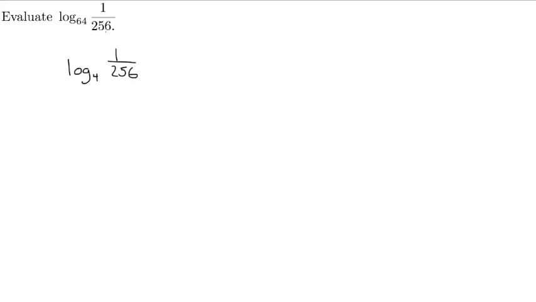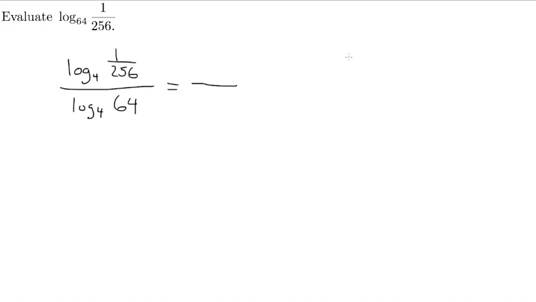Remember, the number here goes up top, over log base 4 of 64. See here, the base of the original logarithm is down below, and the original number that we were taking the logarithm of is up top. All right, now each of these still has to be thought about a little bit, but not nearly as bad. So let's start with the bottom.